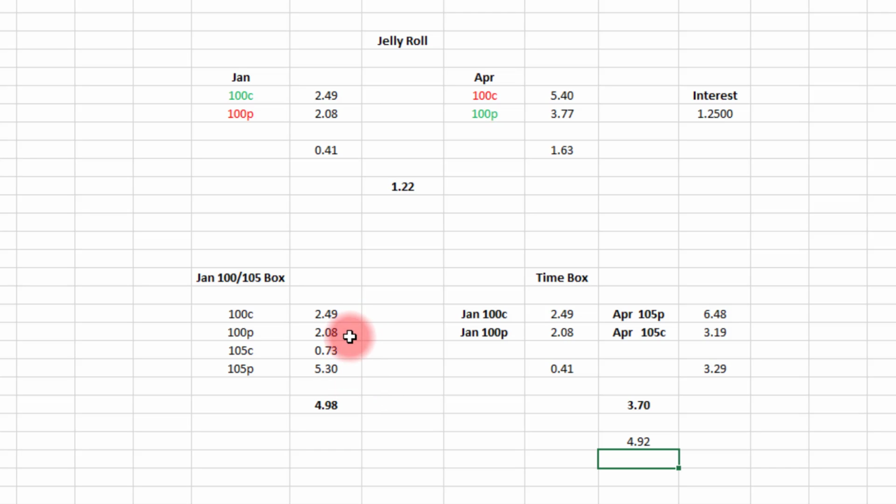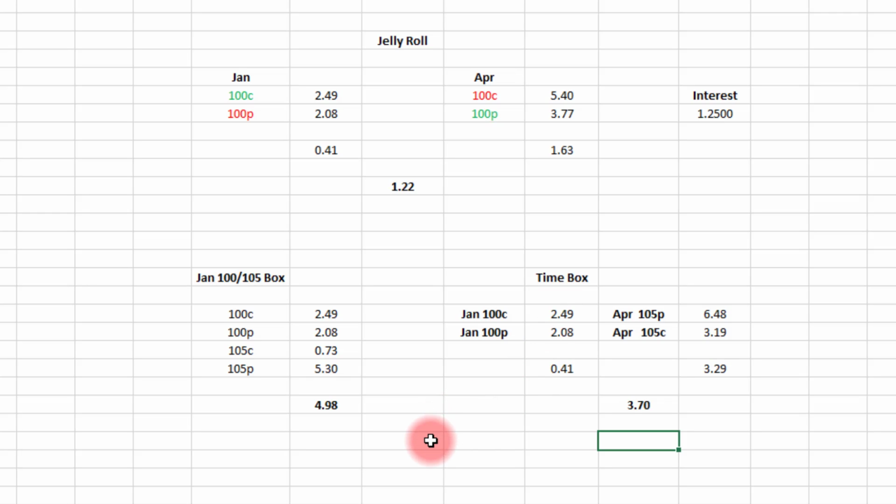And because the box spread is 2 vertical spreads, that can greatly help me decide which vertical spread might be better. Or if one is relatively cheap and one is relatively expensive, I could buy the cheap one, sell the expensive one, maybe do a condor. But I can see these relationships because of these pricing differences between the jelly roll, box spread, and a time box.